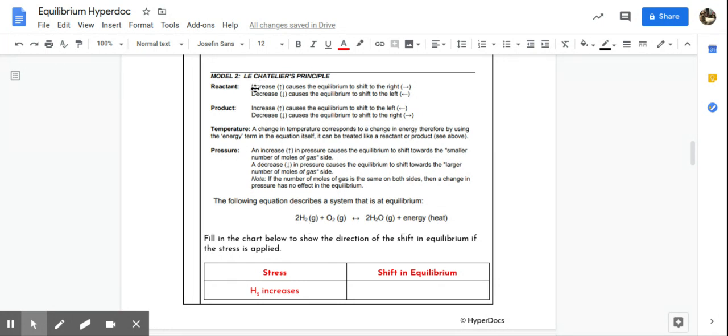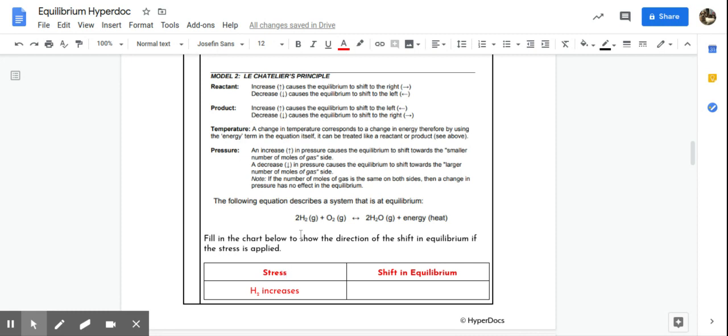So that's what this is saying. If you increase the reactant, it causes the equilibrium to shift to the right. You have too much on this side, so you need to balance it out by going to this side. If you decreased the reactants, if you had less on this side, you would need to go towards that. So it would shift to the left.